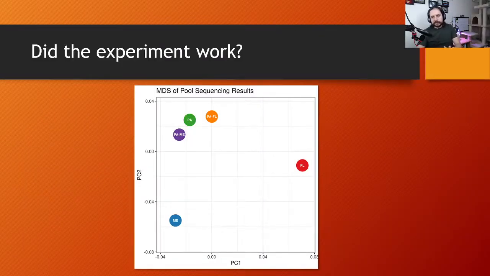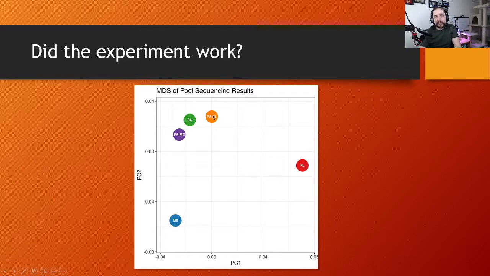Okay, the first question I want to answer is, did my experiment work? These are measurements just after I put them together, and we see Pennsylvania, Maine, and Florida are in completely different places. So this means that they're different populations. We have to consider this plot as a space. So in the space they have different places.